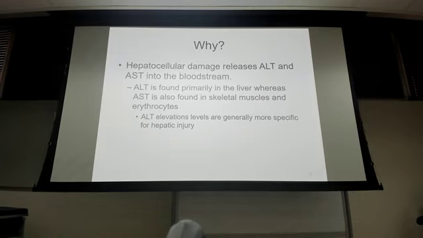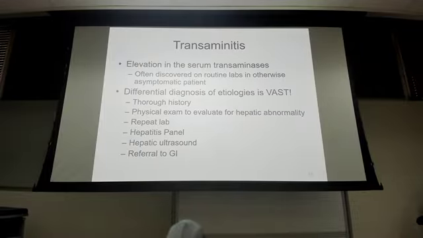So normally with hepatocellular or liver cell specific injury, the ALT will be more specific because it's mostly found in the liver. But both will rise, as I said, with hepatocellular damage. What is transaminitis?